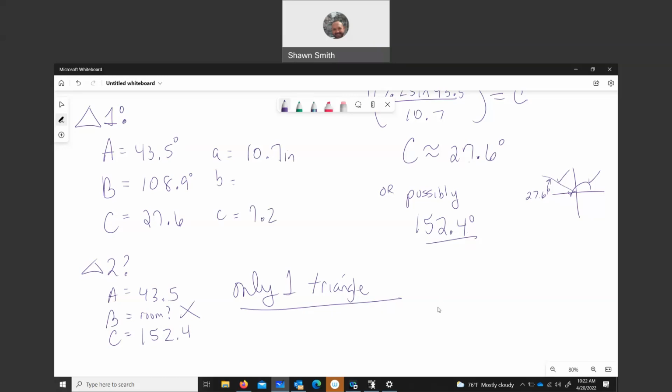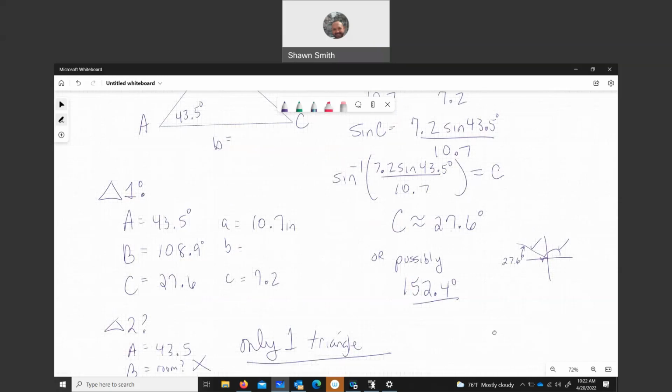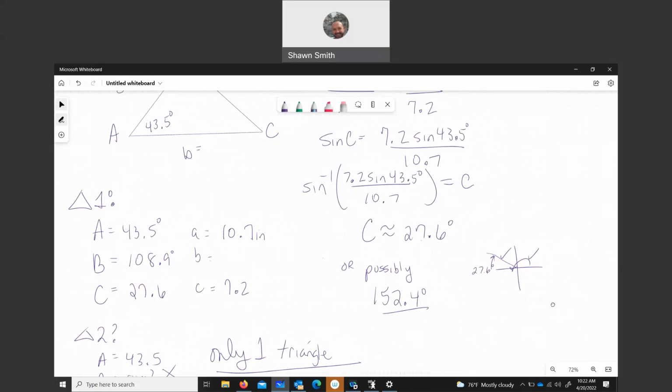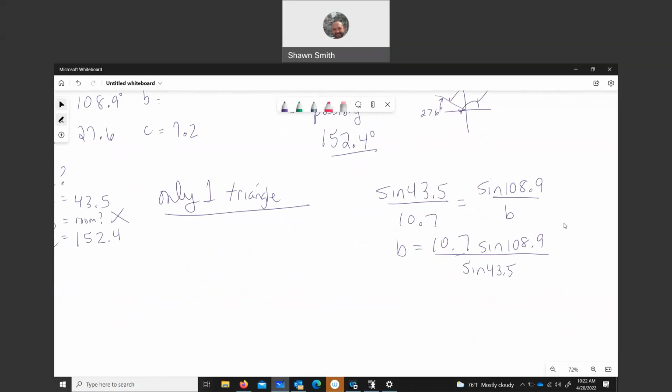So to find B, look at the picture, I just realized that you can use law of sines again to find side B. So we'd have sine of 43.5 over 10.7 is equal to sine of 108.9 over B. I have the answer up here, so I'm not going to let y'all just watch me type in buttons on a calculator.